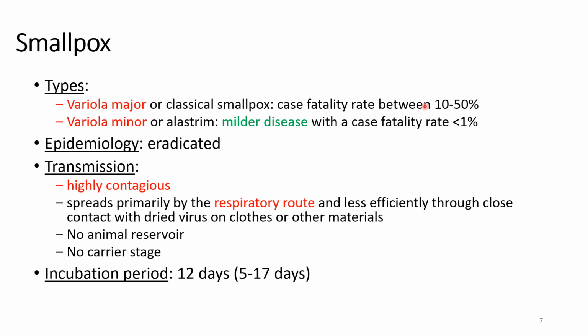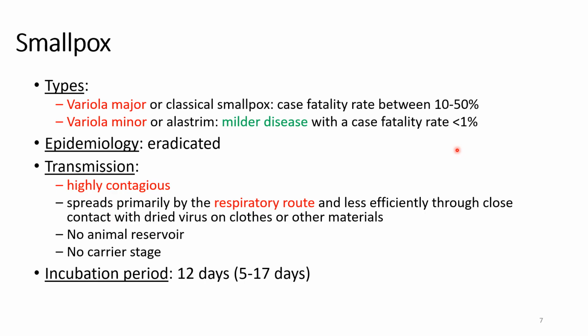The case fatality rate by the variola major reaches up to 50%, whereas the variola minor, also known as the Alastrim, is a milder disease with a case fatality rate that's less than 1%. And case fatality rate means the percentage of those who die out of those who are confirmed to be infected. So the denominator is those who are confirmed to be infected.